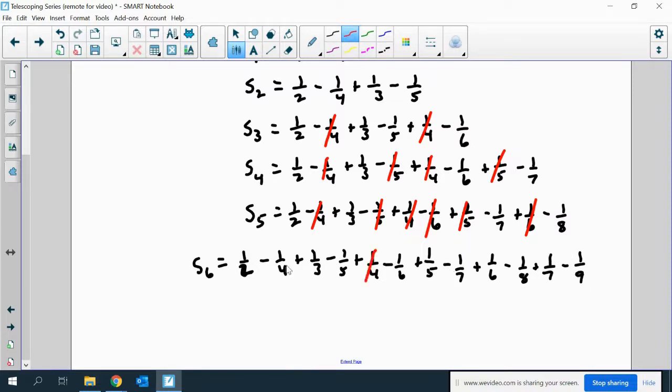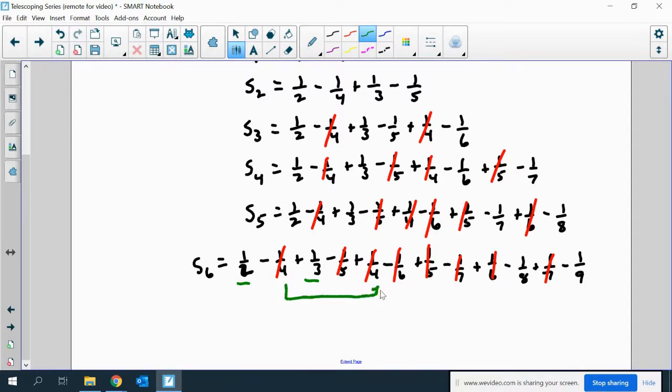So this 1/4 cancels with this 1/4. This negative 1/5 cancels with that positive 1/5. This minus 1/7 cancels with that positive 1/7. This plus 1/6 cancels with this. And so what appears to be happening right now is as we continue to go and go and go, this 1/2 and this 1/3 are staying. The 1/4 and 1/5 canceled, and then it appears that everything is canceling with the thing 3 things after it.